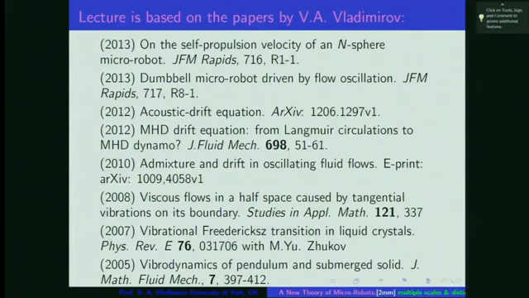And you know the Friedrichs transition: when you have a perpendicular magnetic field, after some critical magnetic field you have a kind of instability called the Friedrichs transition, an overturning of the director field.